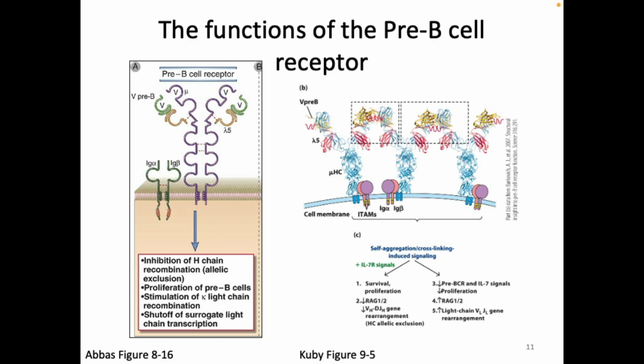We are turning off RAG1 and RAG2's ability to recombine the heavy chain. The basic idea is, as soon as one chromosome, whether mom's or dad's, finishes, we get the protein on the surface of the cell.